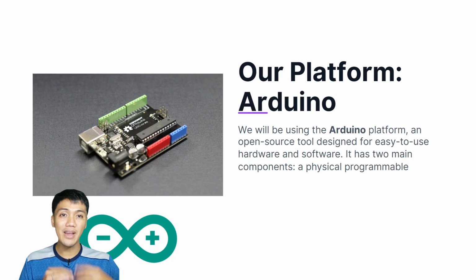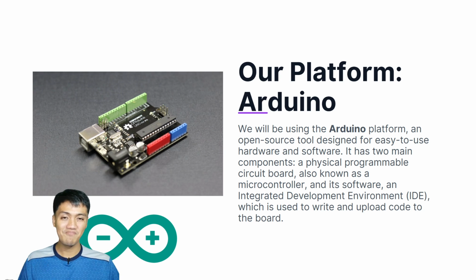Now, our microcontroller of choice for the duration of Creative Tech 10 will be Arduino. There are other platforms for physical computing, but for our case, we will be using Arduino because, first of all, it's open source. Anyone can contribute, and there is a very large community of enthusiasts and hobbyists that are supporting and using this platform. Okay, so it has two main components.